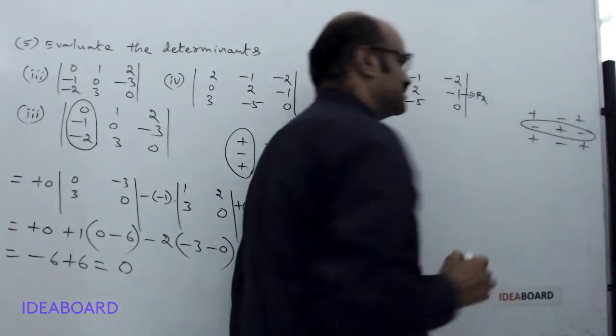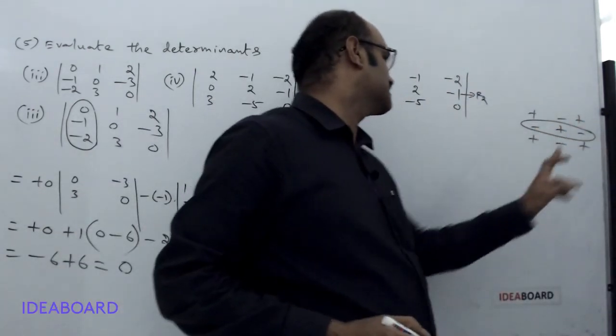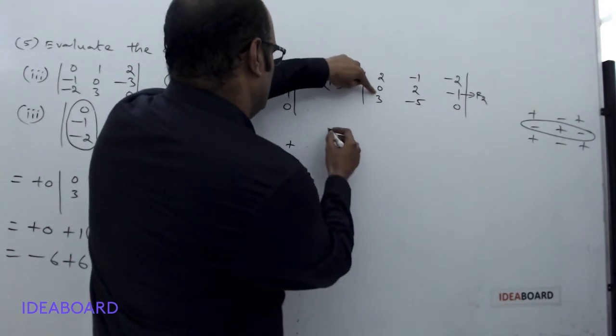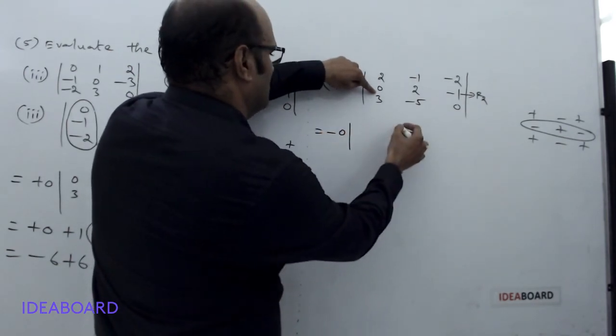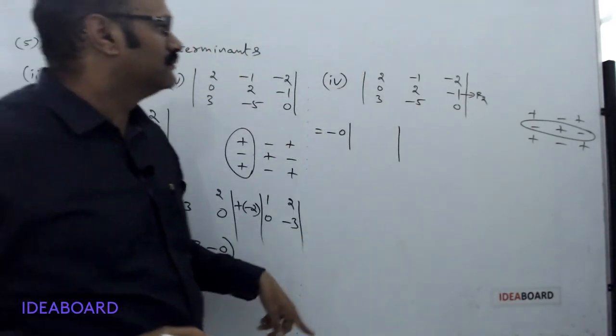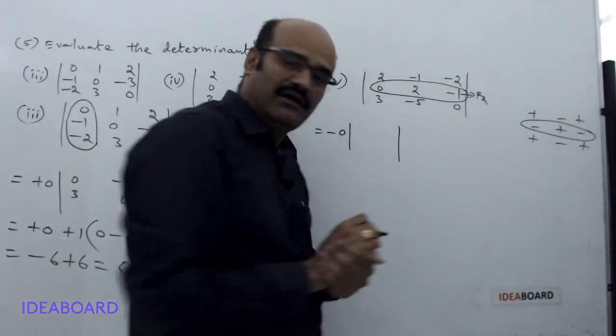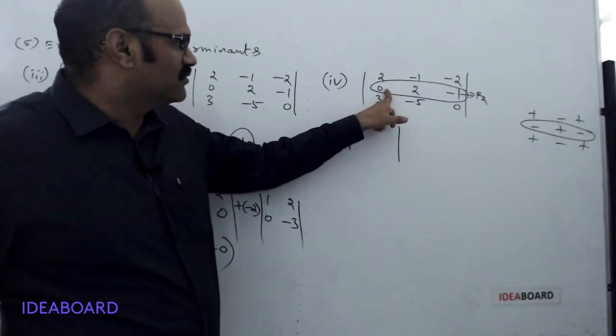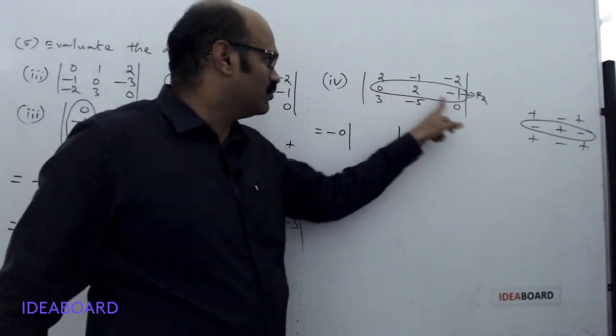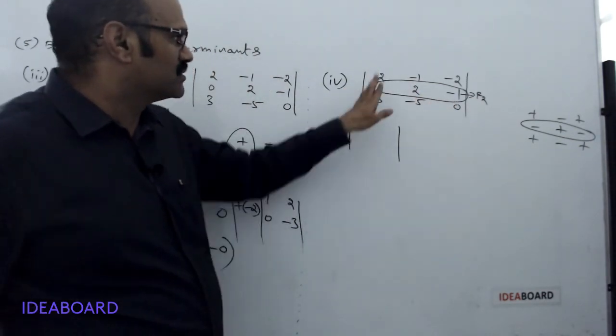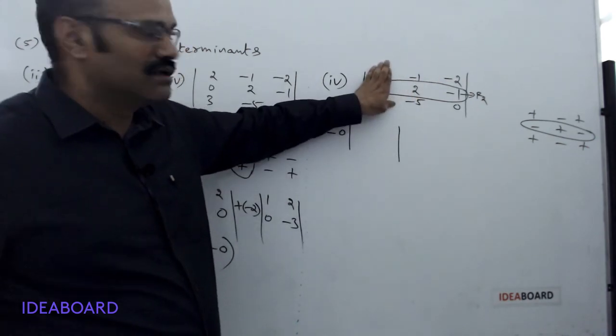Now, in R2 we are having the signs minus, plus, minus. So minus 0 into the determinant of, I am expanding along R2 here. The element 0 lies in the second row and first column, so close the second row and first column.